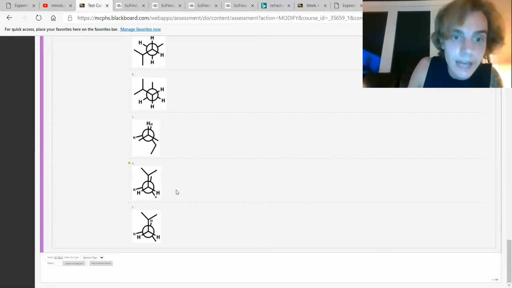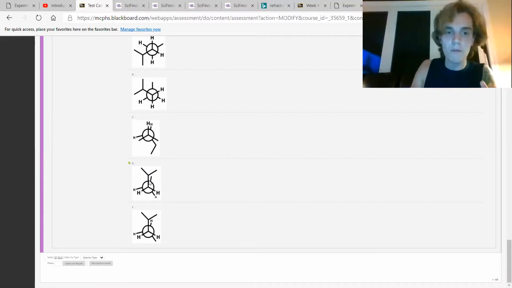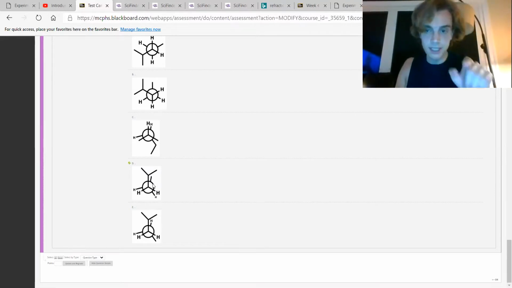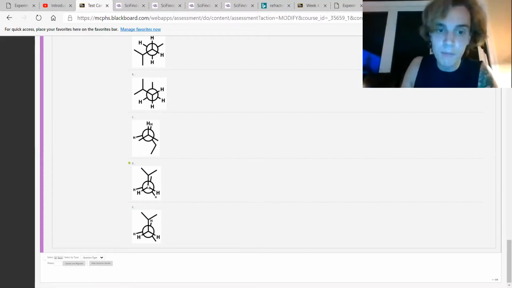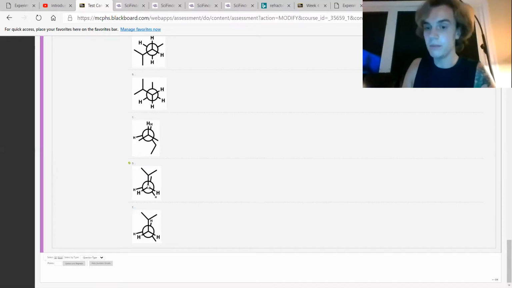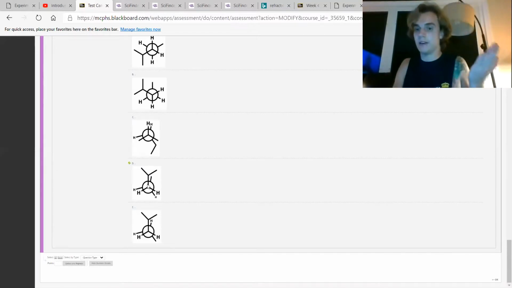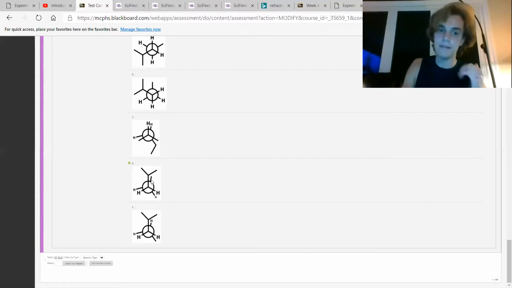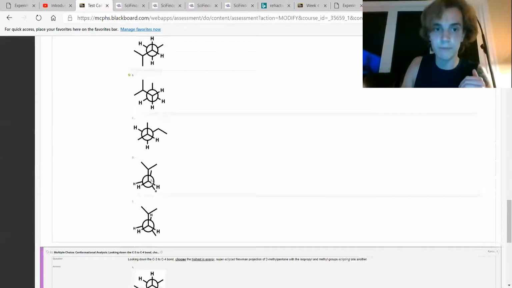And an eclipsed has these little things. It's technically supposed to be overlapping, but if something was overlapping in this diagram, we wouldn't be able to read it properly, because it's a line over a line, which to our perception is one line. So we have a line eclipsed with another line at a slight angle so that we can read it.